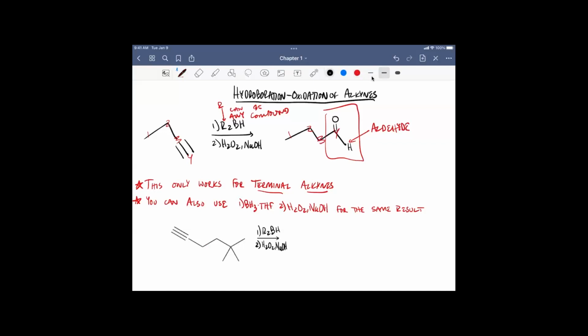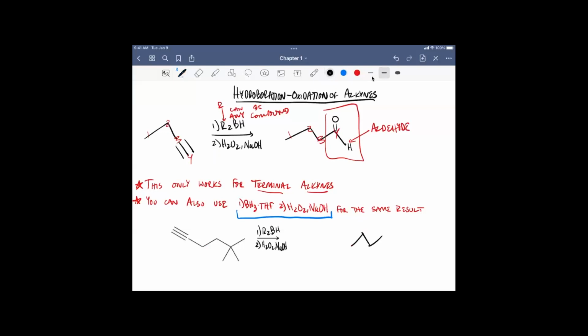So for this example right here, it says you can also use what we used for our alkene to get a similar product, although you might see this R2BH more than you will that BH3 THF. You just might see it more. But our secondary step remains the same as H2O2 and NaOH. So using this reactant, what would we get as a product on this side?